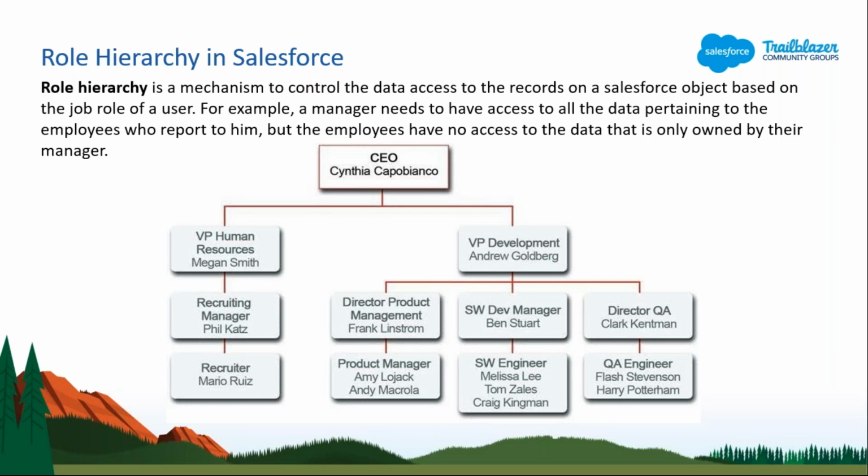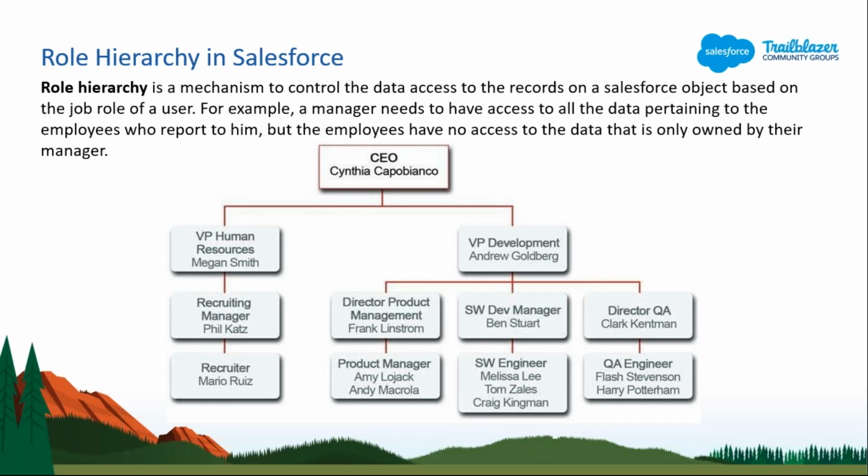The CEO can see the vice president human resources records, and all of those records. On the left side we have VP human resources. The VP human resources can only see the records from the recruiter manager and recruiter, but will not be able to see the records from VP development. This kind of role hierarchy we can maintain here.